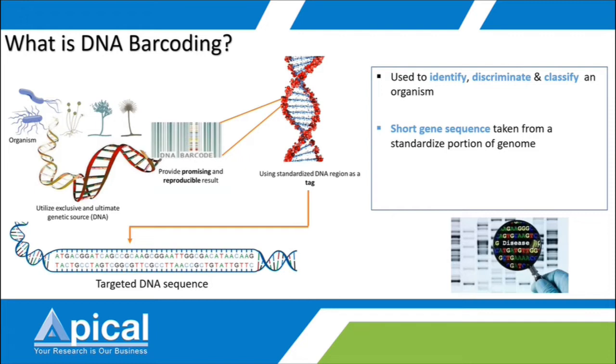For example, in bacteria, the conserved gene is the 16S RNA gene, and this gene is not found in fungus or eukaryotes. That is why we can use the conserved gene to identify different species. Conserved genes are usually short, easy to amplify, and have reasonable variation between species.